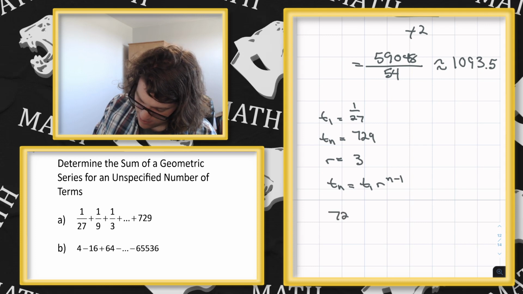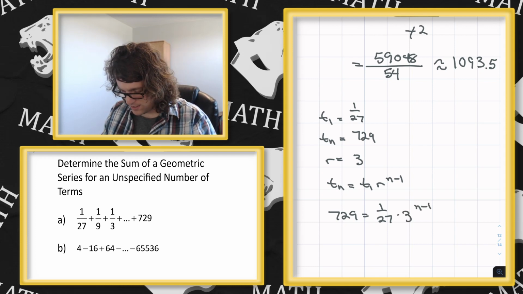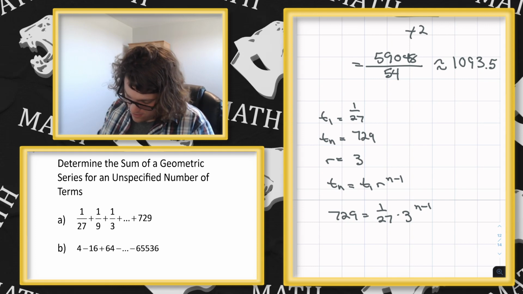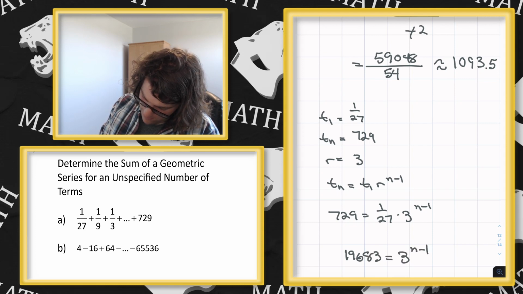So 729 is equal to 1 over 27 times 3 to the n minus 1. So I'm going to take 729, multiply it by 27, and that value is then equal to 3 to the power of n minus 1.